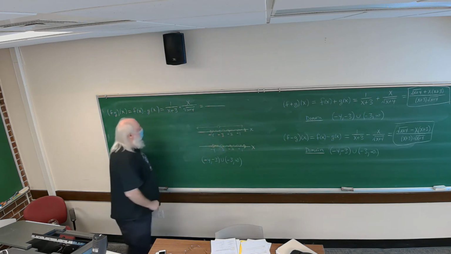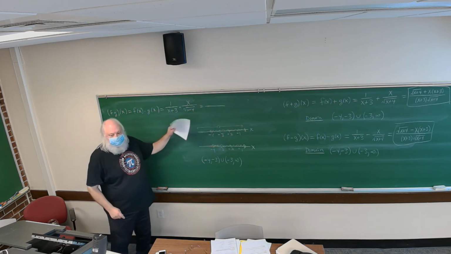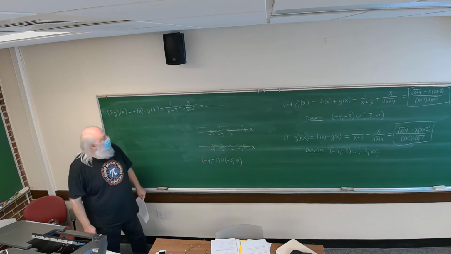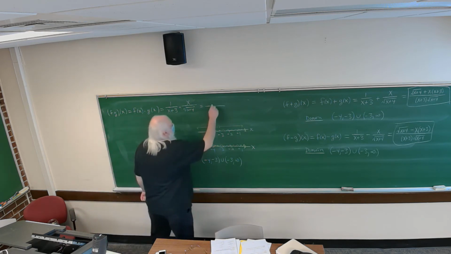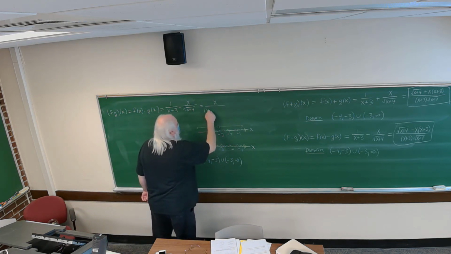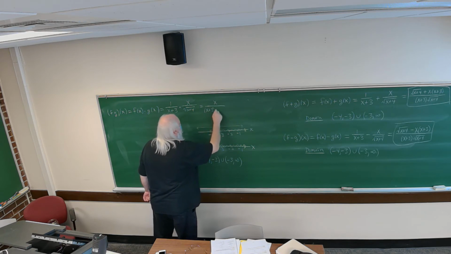And you know, when you multiply two quotients or two fractions, you just multiply straight across, right? So 1 times x is x, and then we have x plus 3 times the square root of x plus 4.